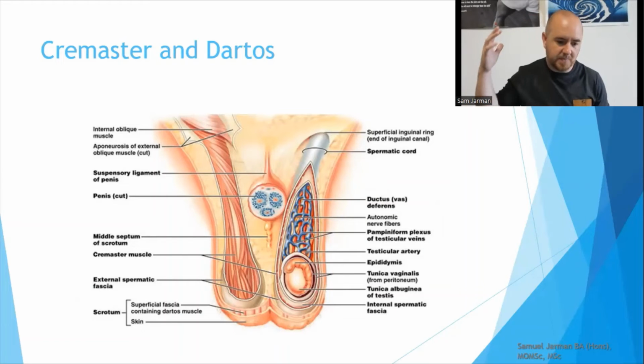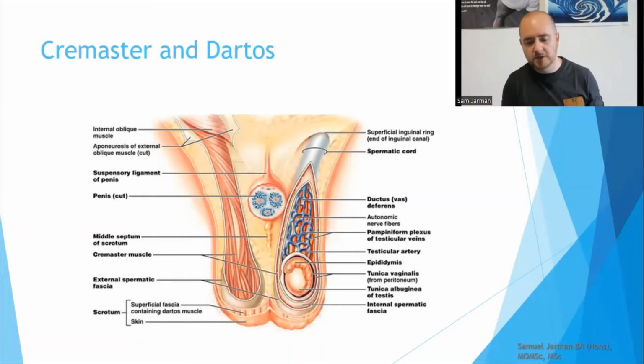And then you can see within the scrotum, and the superficial fascia in that cut, you can see that the dartos is there to either increase or decrease the surface area of the scrotum for temperature control.